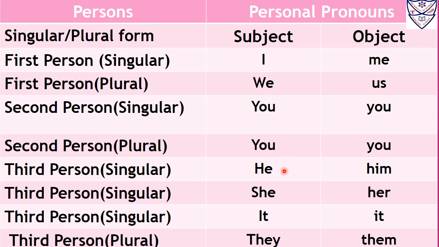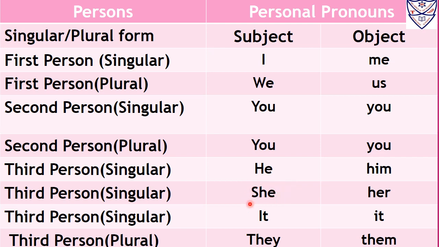He I will use when we are talking about some male person, some boy, some man. At that time I will use he and the object will become him. Again we will go to third person singular when we talk about a lady, a woman, girl. At that time I will use she.